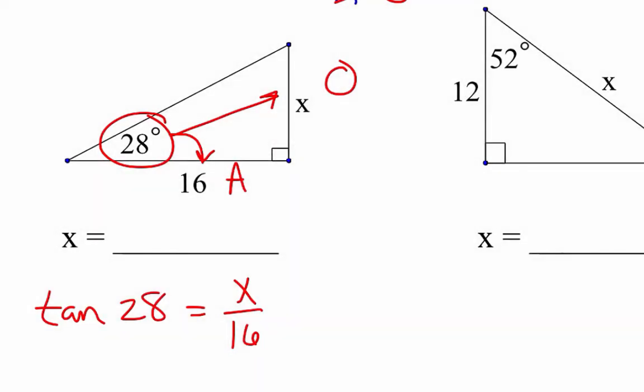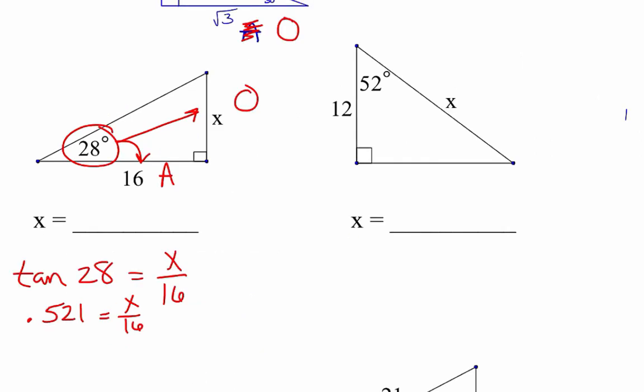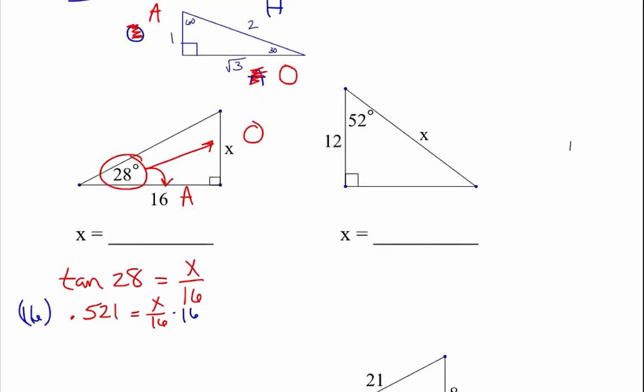So I'm going to go back to my triangle and say 0.521 is equal to x over 16. And from here, this is like any other math algebra equation I've ever solved. I'm going to multiply this side of the equation by 16, which means I multiply both sides by 16.